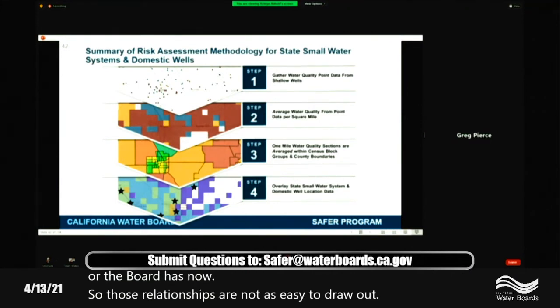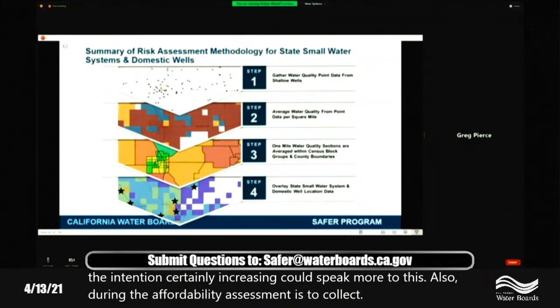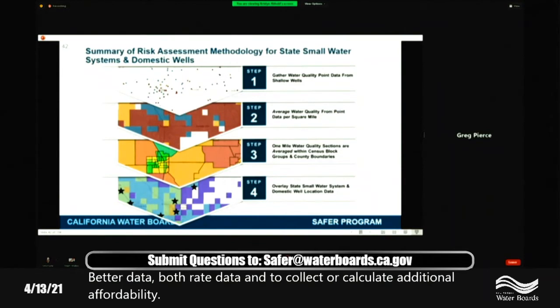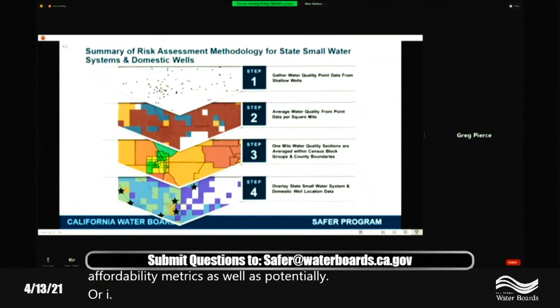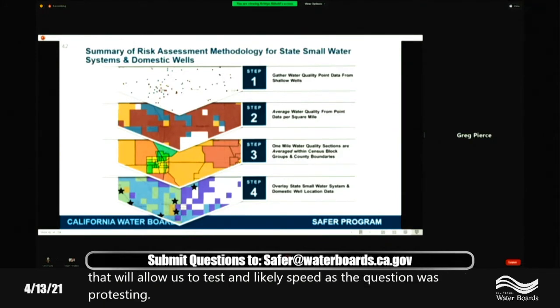But I think the intention, and Kristen can speak more to this, is during the affordability assessment to collect better data, both rate data and additional affordability metrics, as well as ideally to use additional EAR data on financial capacity that will allow us to test and likely see, as the question suggested, an inverse relationship to some extent between low rates and water quality.